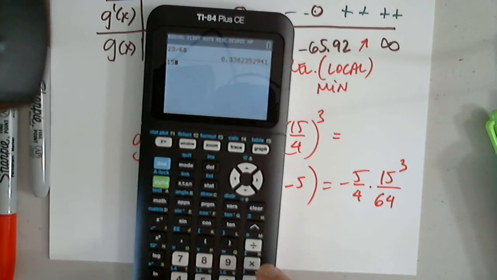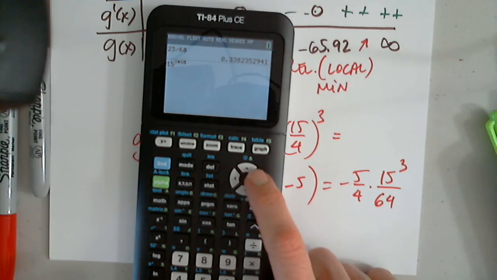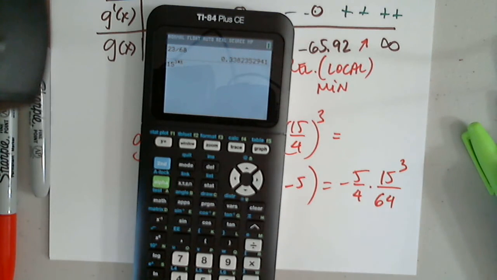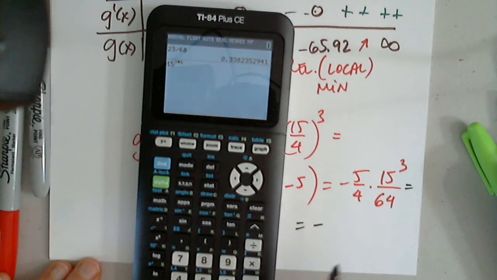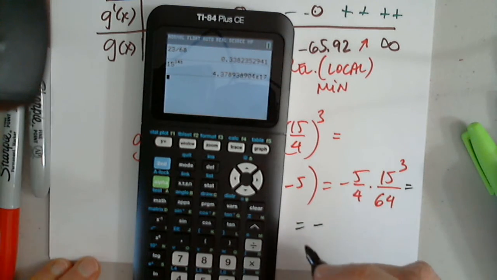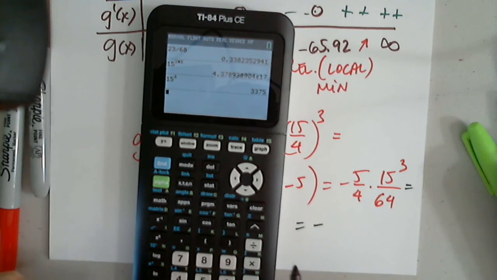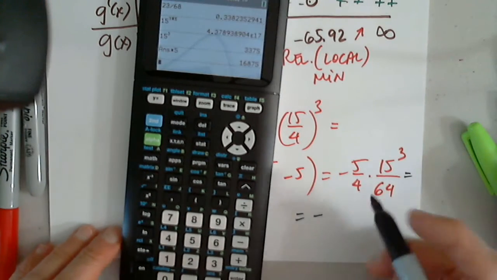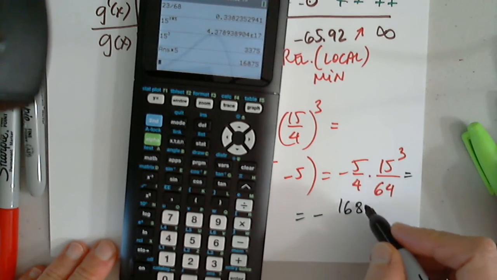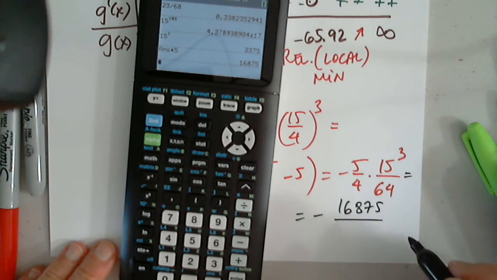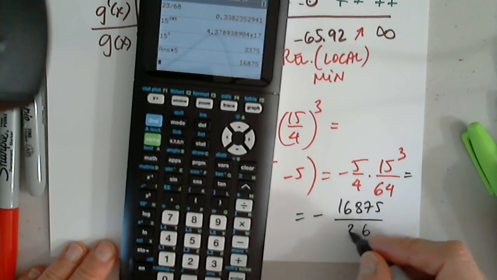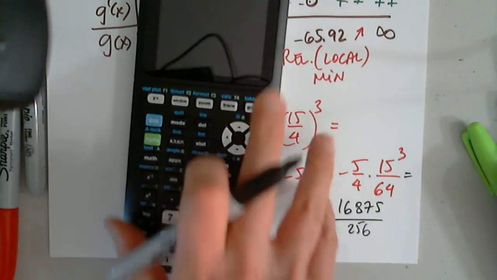So I have 15 to the 3rd power and times 5. Okay, so negative 16875 over 256.